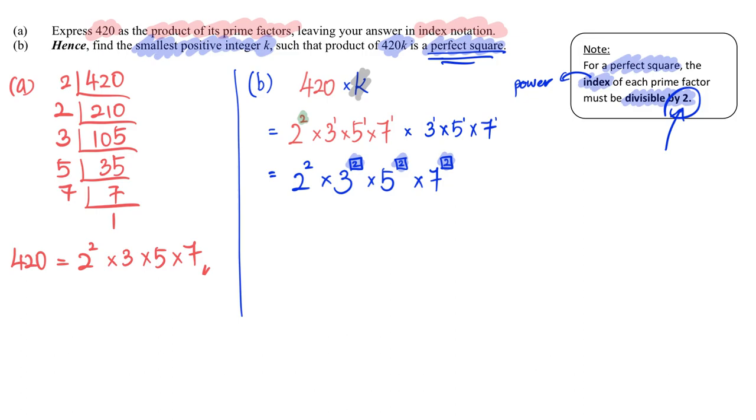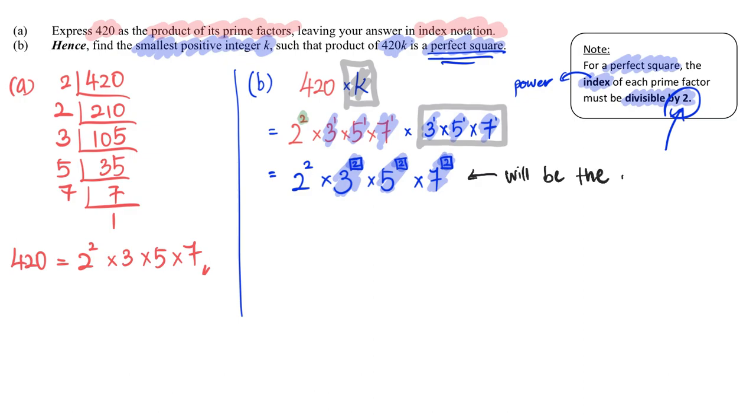Then 3 times 3 gives me back 3 squared, 5 times 5 gives me 5 squared, and 7 times 7 gives me 7 squared. So if I guess intelligently, k must provide this 3 times 5 times 7, so that the whole thing is a perfect square, where all the powers are able to be divided by 2.